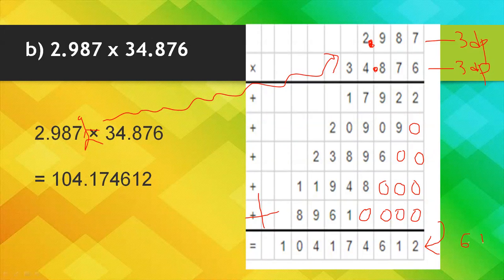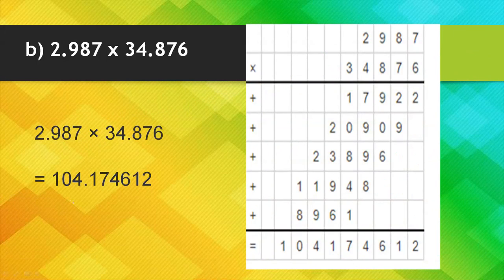In the answer, 6 decimal places. So what I can do here, after 6 digits, I can place the decimal point. So the decimal will be here. Okay. Now the problem has been resolved and the final answer will be this.